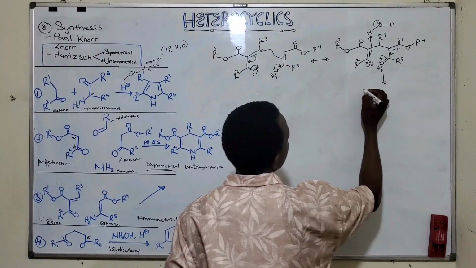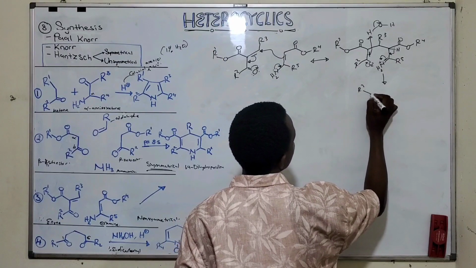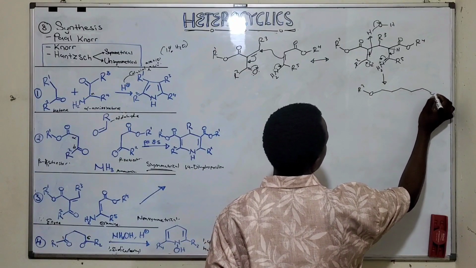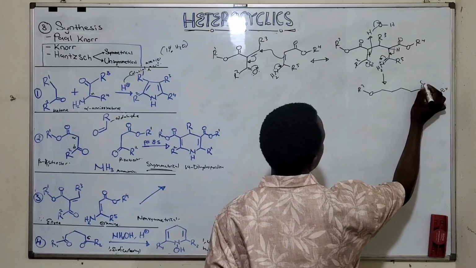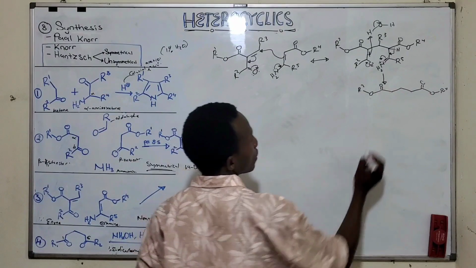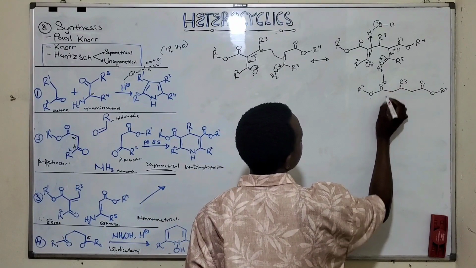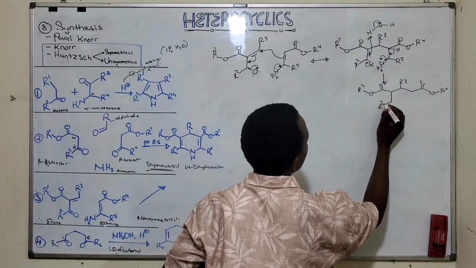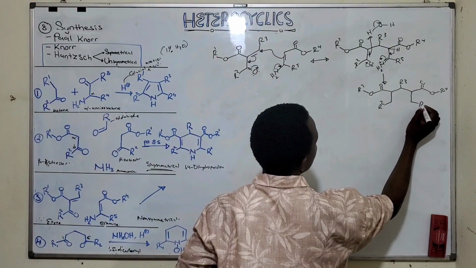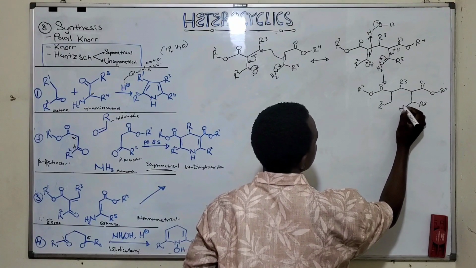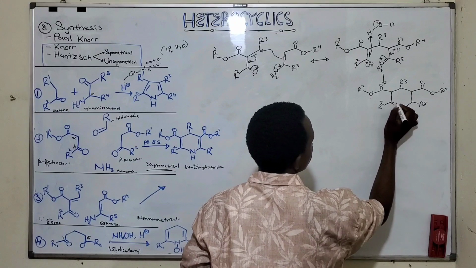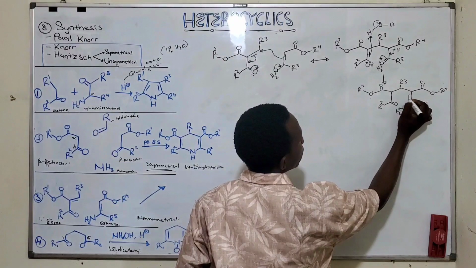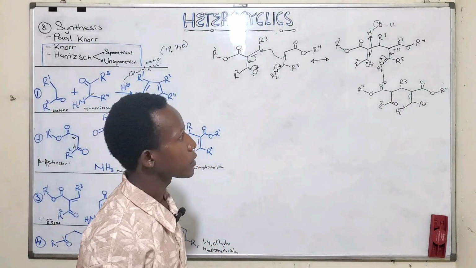So we shall have R2, R4, then R3. We have lost this double bond. We have R2, then R5 and NH2 with an oxygen atom there. So here we have a double bond.